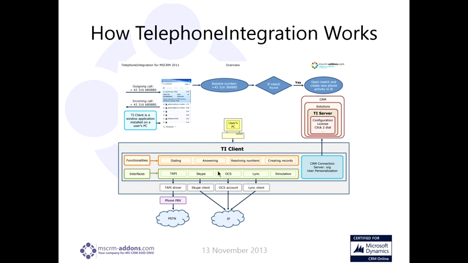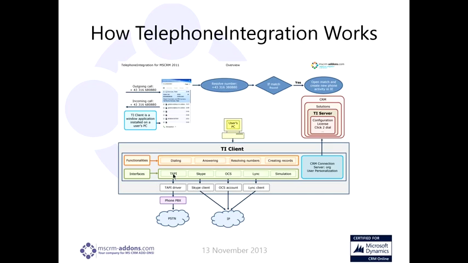The telephone integration client is responsible for the dialing, answering, and resolving numbers and creating records. It acts as kind of the interface between your phone system and CRM. The interfaces that we support are Skype, OCS, Lync, and Tappy.